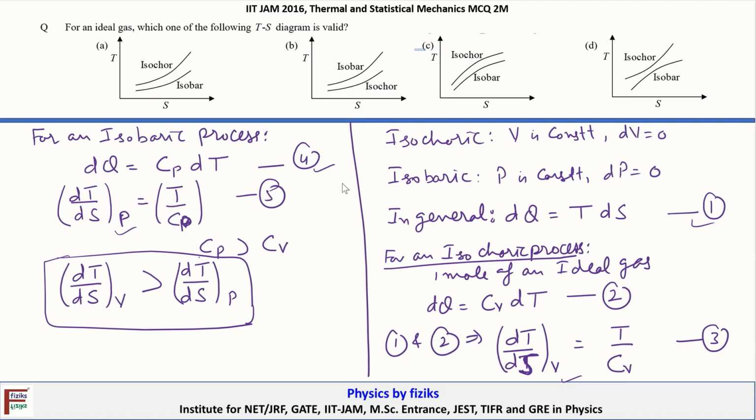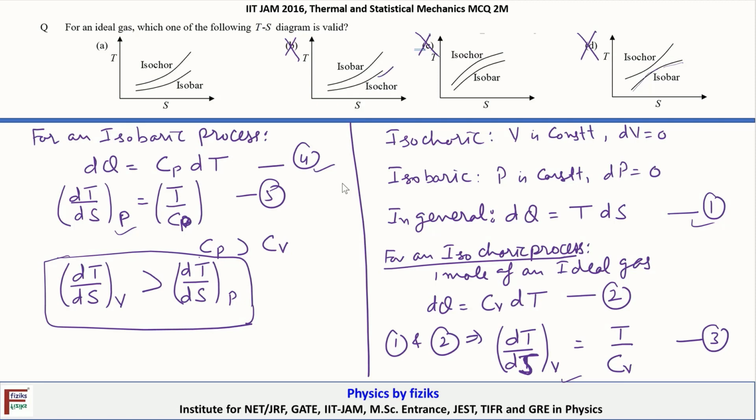With the positive slope, we can neglect option D, because here the isobar has a positive slope only up to this point, and then it changes its slope. So it's not the correct one. This is also not correct, because beyond a certain point these two curves change the behavior of the slope. B is also wrong, because the isochore has the smaller gradient.